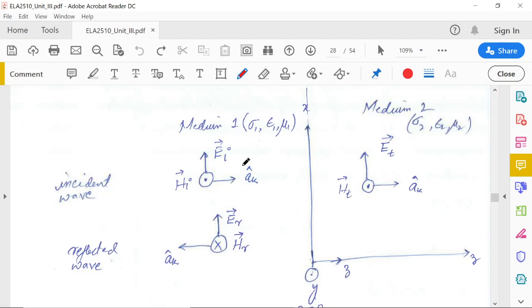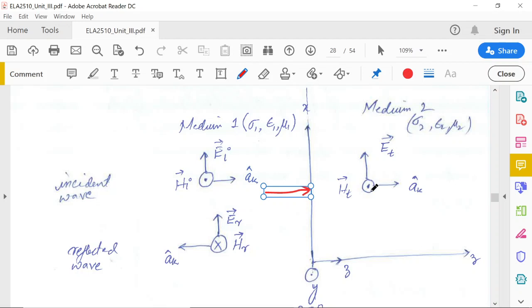Then some part is also transmitted to medium 2, and the direction of propagation remains the same because the wave is normal to the interface, so it passes in the same direction. We have the same direction of propagation for the transmitted wave, and ET is the same, so HT also comes out the same.